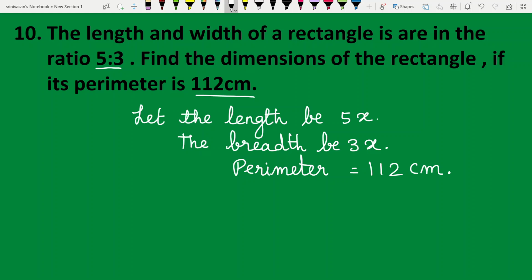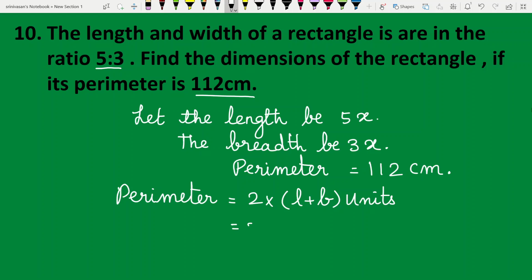Now we are going to use the perimeter formula to derive. The perimeter formula is two into L plus B units. So here what is L? It is 5x plus B is 3x. 2 into 5 plus 3, it is 8.